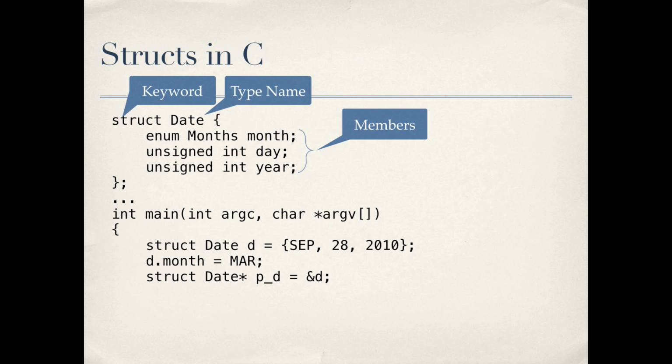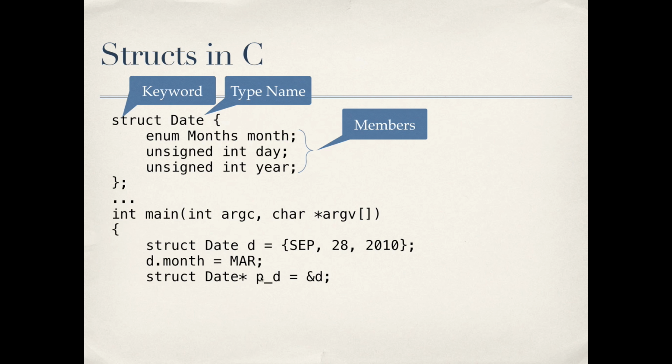You maybe know that C has something to do with pointers. Let's go into this line of code. We say p_d is a variable of type pointer to struct date, so p_d is a pointer to such a struct.